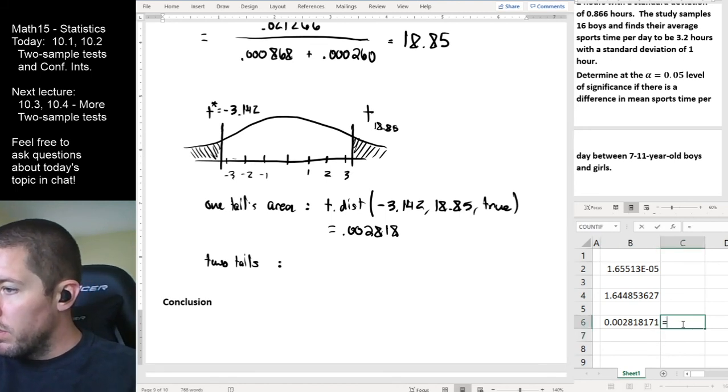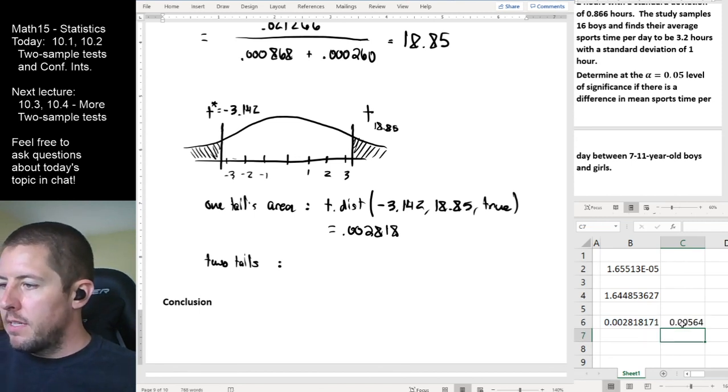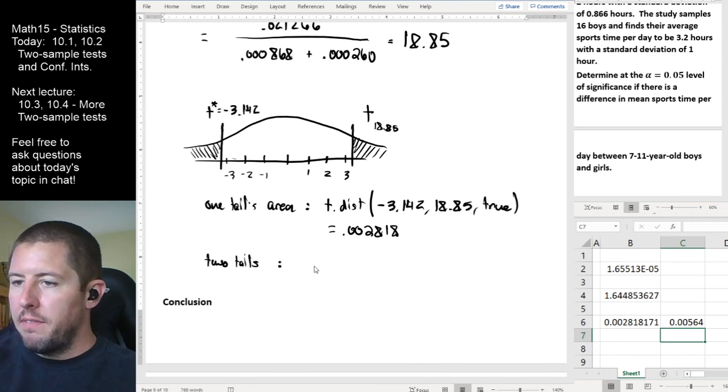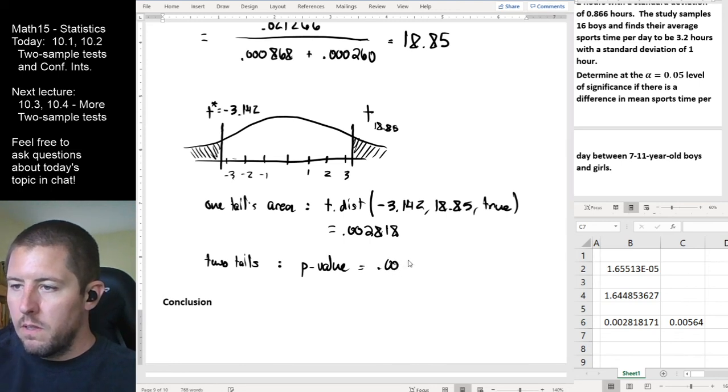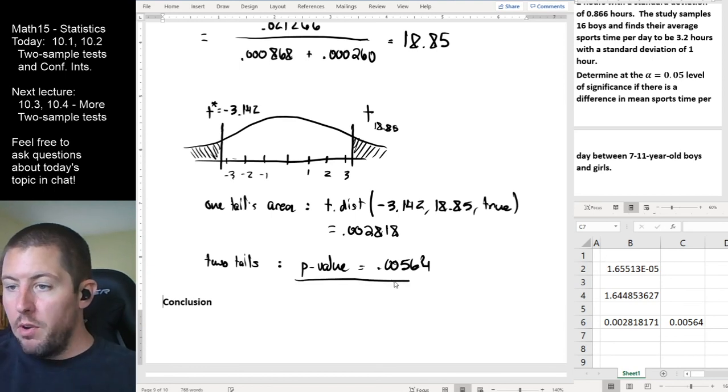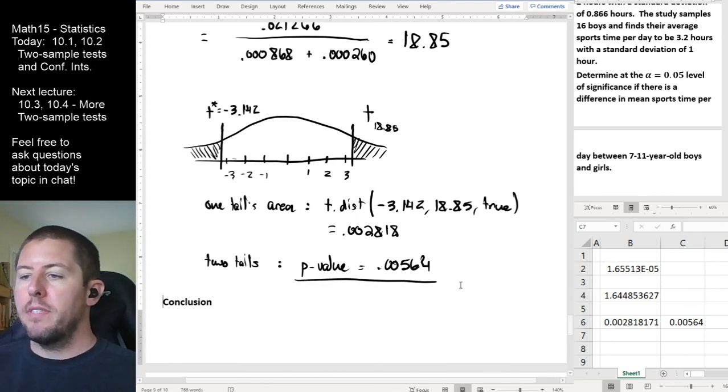I'll just say equals 2 times B6 to multiply that guy by 2. And that's going to tell me 0.00564. Right, so we computed our p-value associated with this hypothesis test.